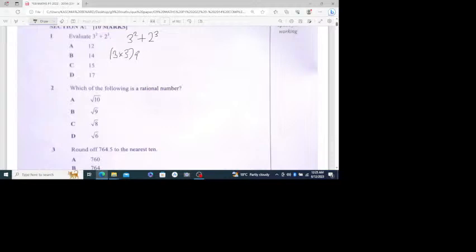Then I open bracket and write 2 multiplied by 2 multiplied by 2.